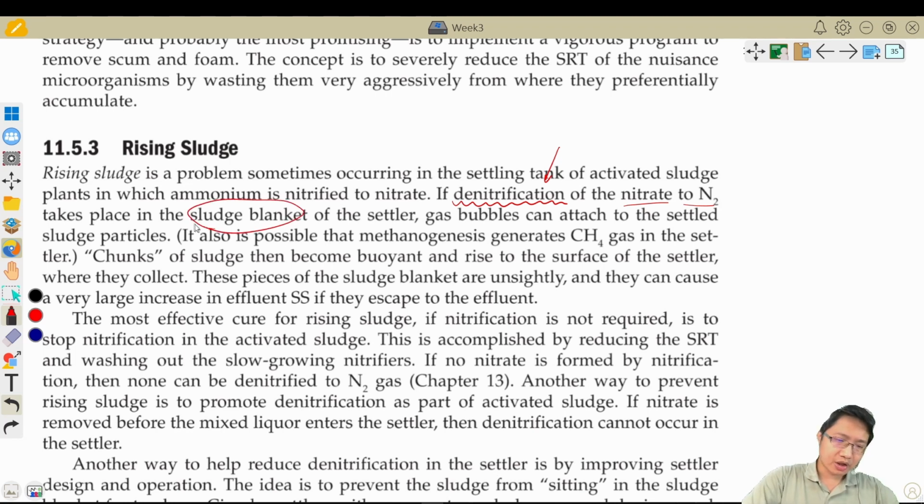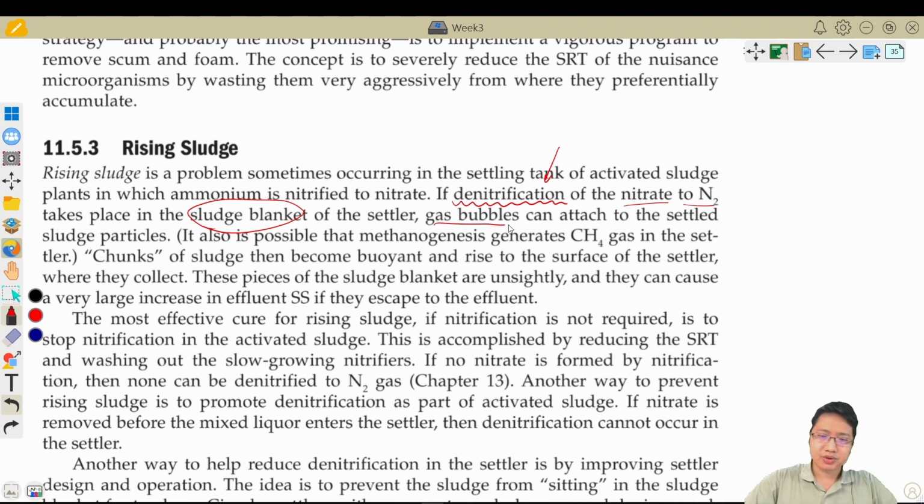They will accumulate those metabolic gases in your sludge blanket, so your sludge gets lighter and rises up in your systems.